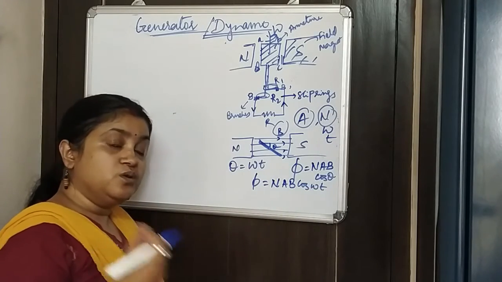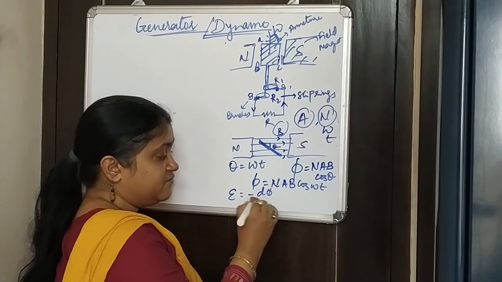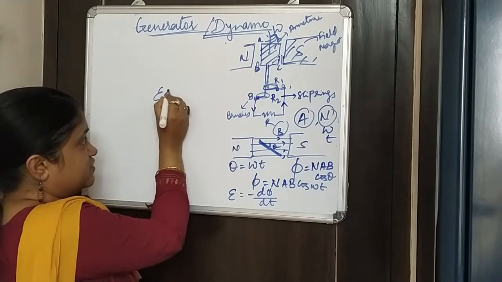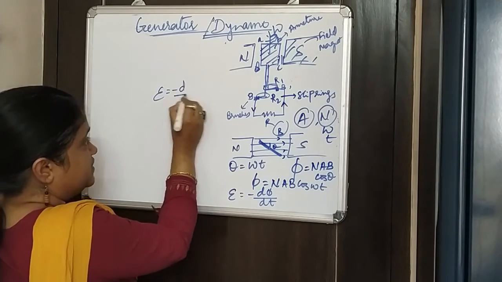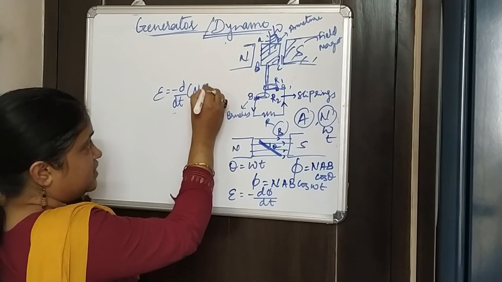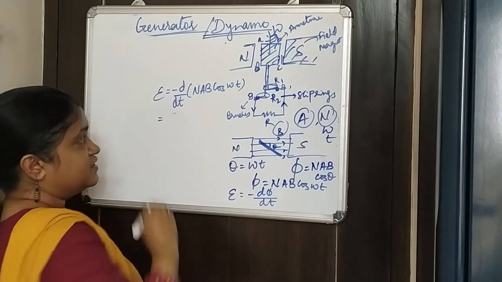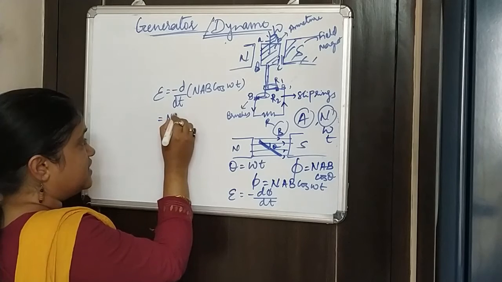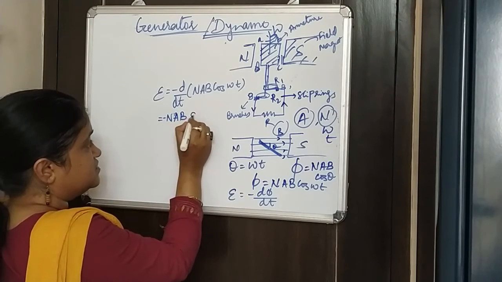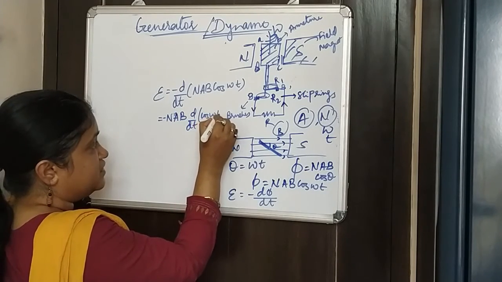Now according to Faraday, we know that the EMF is minus d phi by dt. So when we calculate the EMF and substitute, this will be minus d by dt of N A B cos omega t. Then we can write it as N A B, minus d by dt of cos omega t.